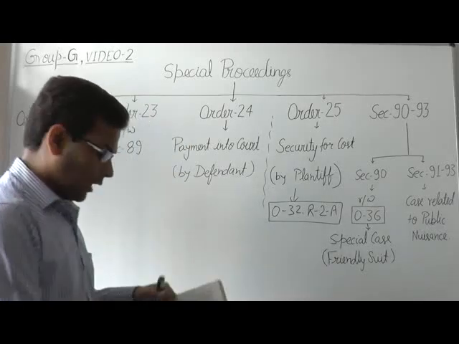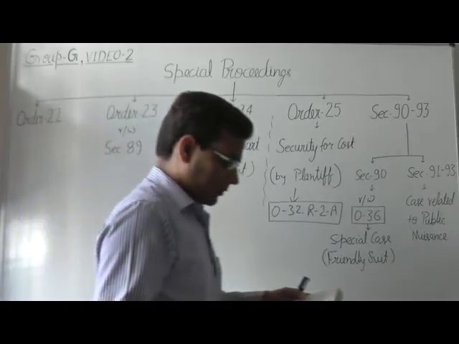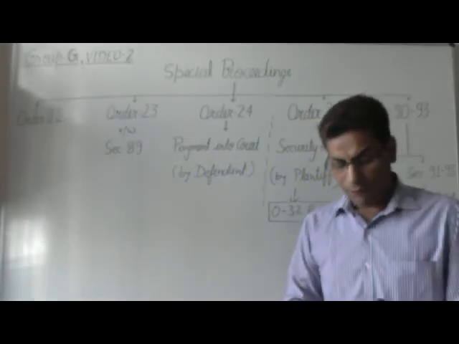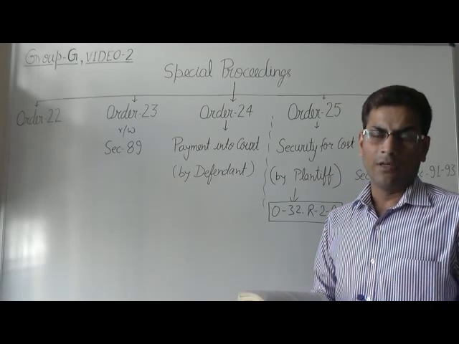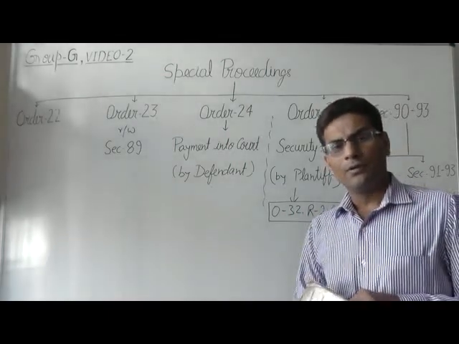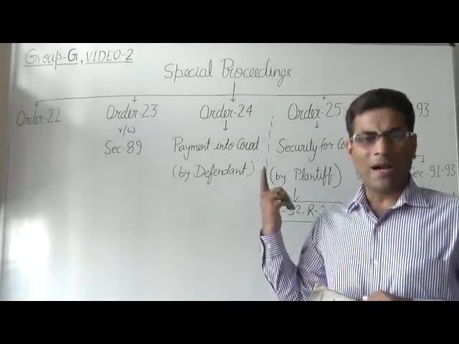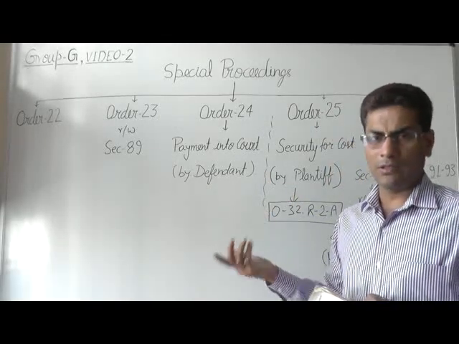Now, Rule 2: effect of failure to furnish security. If the plaintiff doesn't provide the security, what would be the consequences?